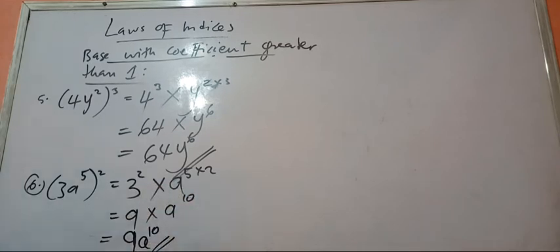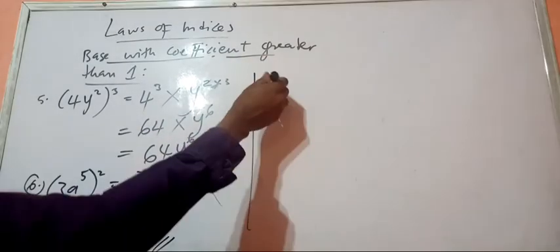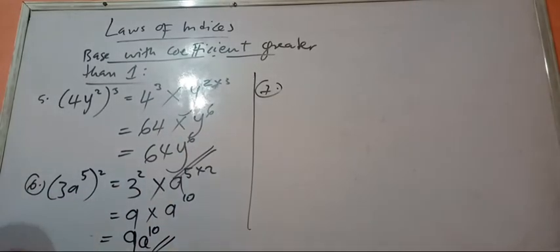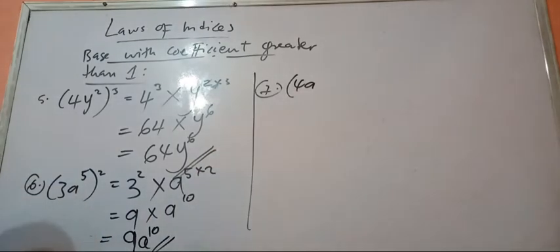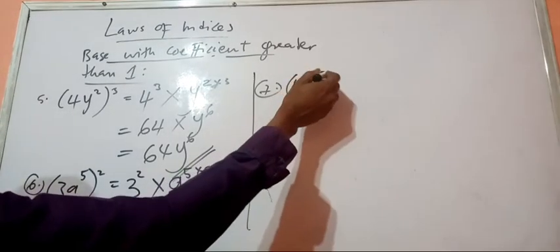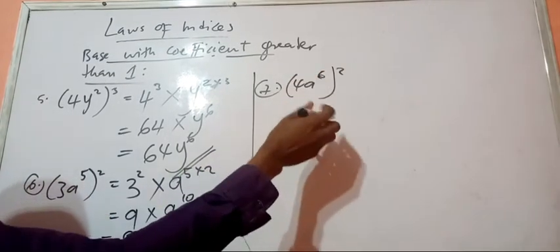Okay. These are terms with coefficients greater than 1. Let me give us one more example. Example 7: 4a raised to 6, in the bracket, power 2 outside the bracket.